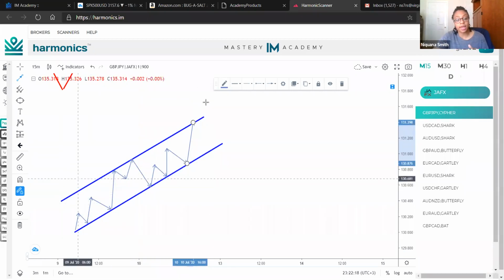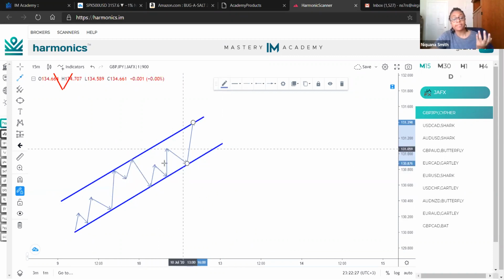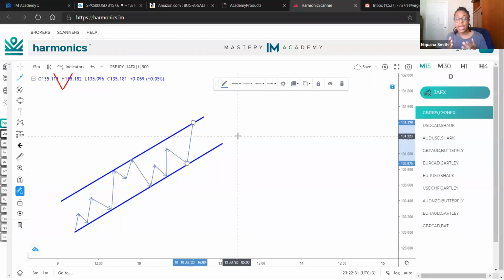Say the high of the trend line is a resistance and the low of the trend line is a support. That's the way I personally understand it in my head. So this can also help you predict when to sell and when to buy in the market.